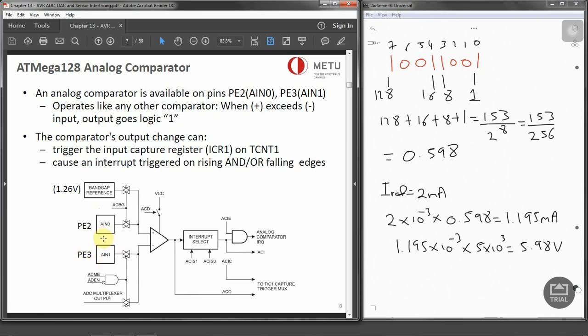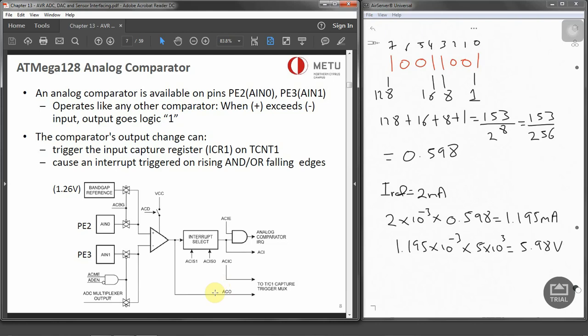So when the voltage on the positive pin is higher than the negative pin, the ACO bit of ACSR is going to be set. And it's also possible to use the ADC channels as negative terminals, from PA0 to PA7, and we can just use ADMUX to configure it, which we are going to see later in this chapter.